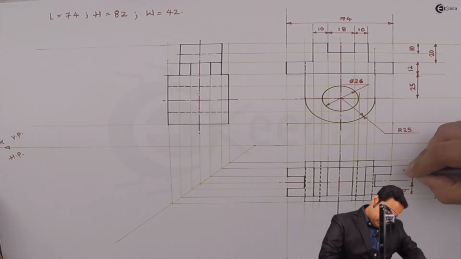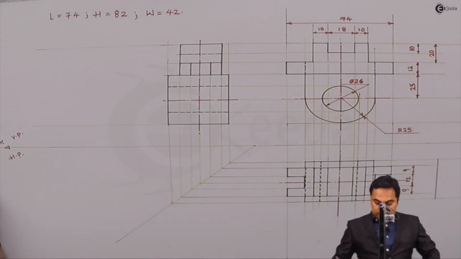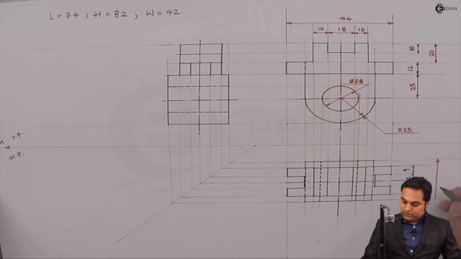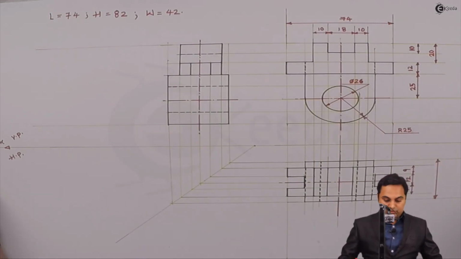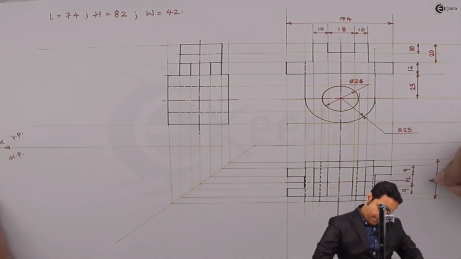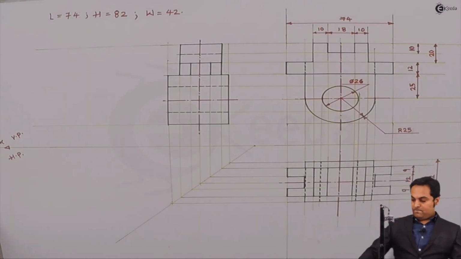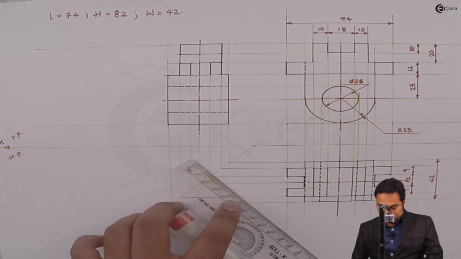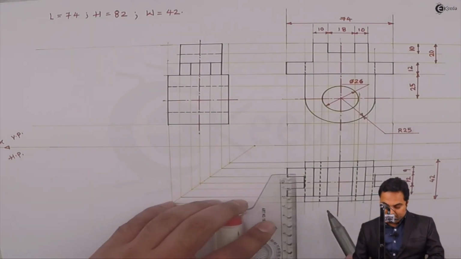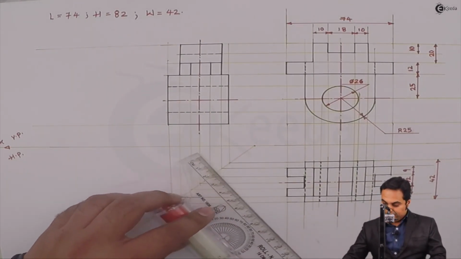So 9 mm on both sides, and here at the middle it is 12 mm. Next, the total width is 42 mm. The length of this portion is 50 mm. That is the diameter of the semicircle.